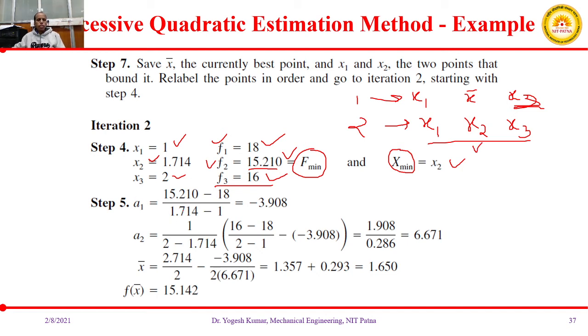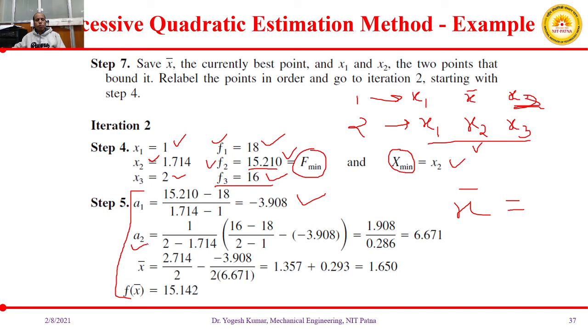Now move to the next step, that is the estimation of your x bar using your quadratic equation algorithm. We will again apply the same algorithm, that is f2 minus f1 upon x2 minus x1 equal to your a1. This way we will calculate again the value of a1.